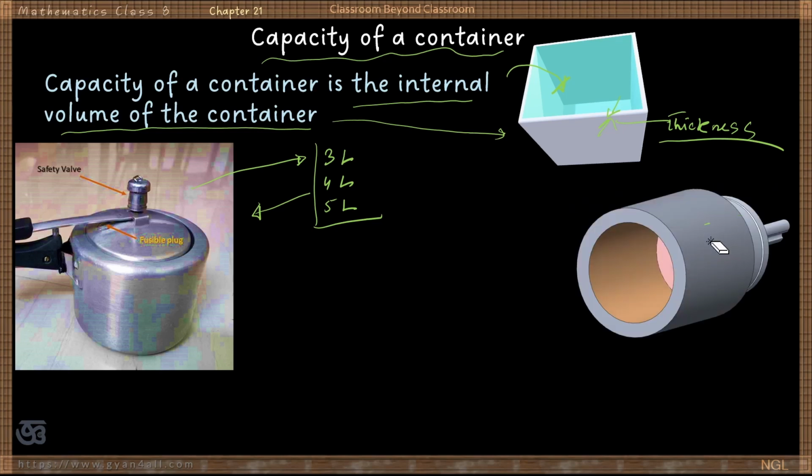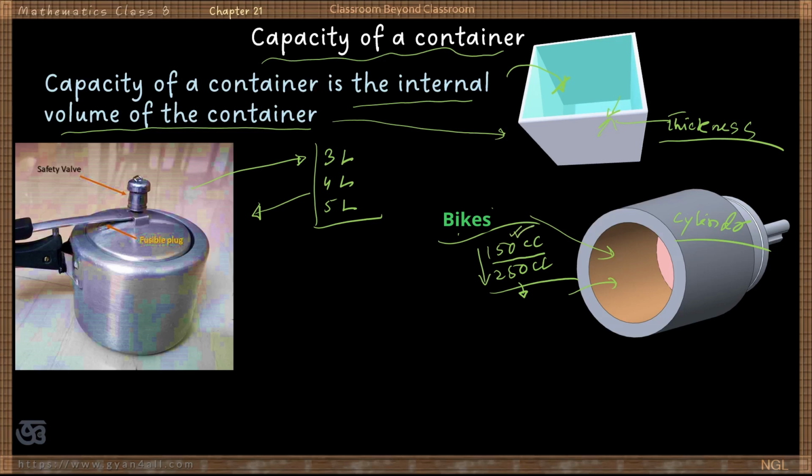And in case of an engine of a car or bike, this is the cylinder of the engine. There is written something like 150 cc, 250 cc, etc. And these are actually the capacity of the cylinder, how much air and fuel it can accommodate inside the cylinder. That is the capacity of the cylinder, and accordingly in the specification of the engines this capacity is written.